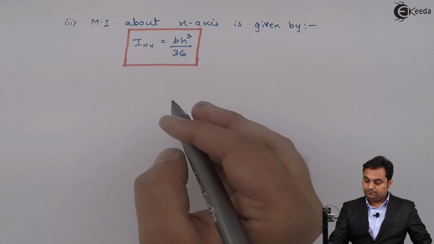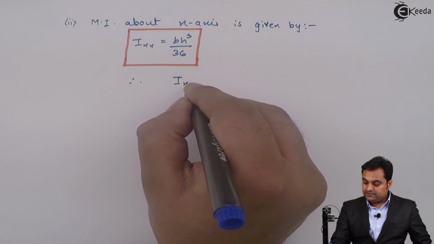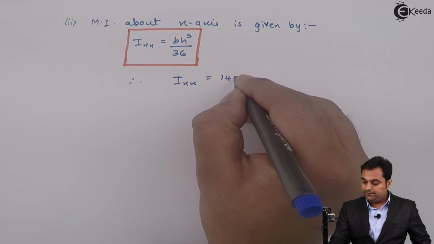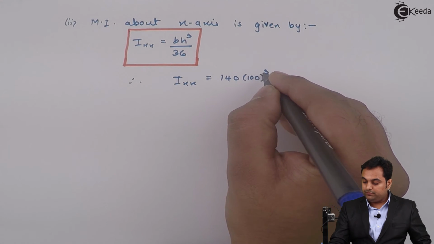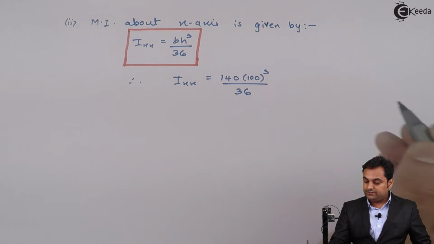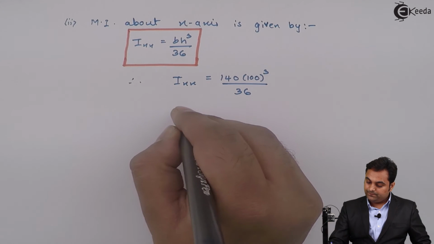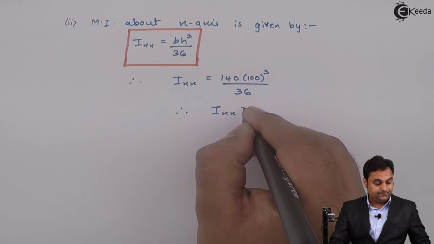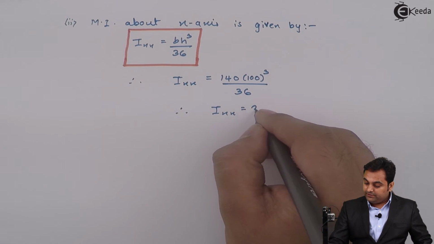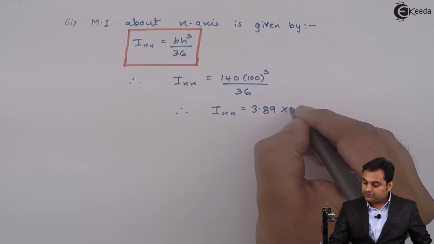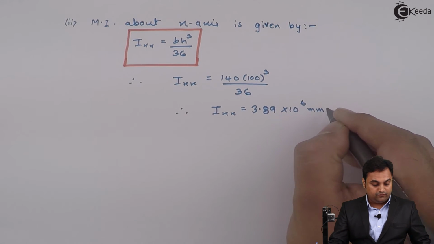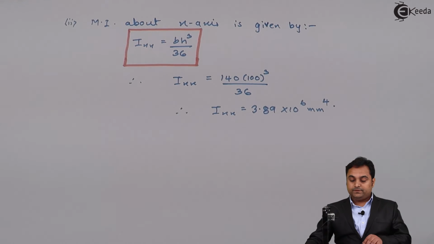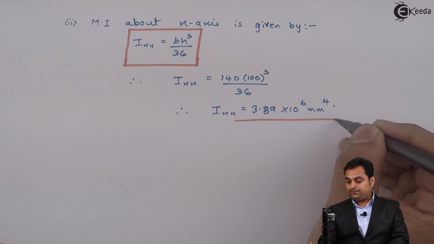So therefore IXX is equal to 140 into 100 cube divided by 36. So therefore IXX will be 3.89 into 10 raised to 6 mm raised to 4. This is the second answer.